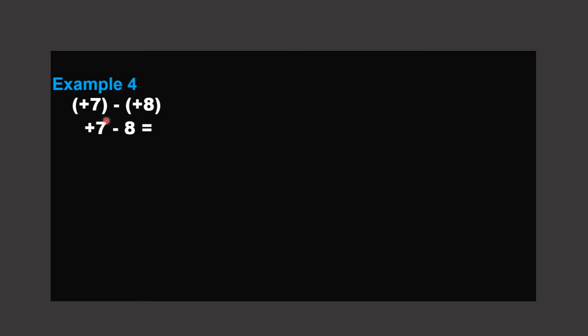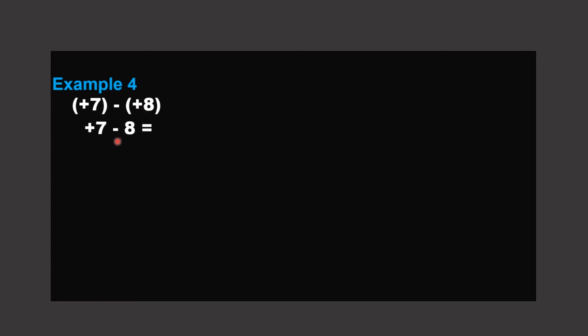Example 4. Plus 7 minus plus 8. This is subtraction of two positive integers, right? In subtraction, what we will do is write the first number as it is and the second number we will write after changing the sign. That is the difference between addition and subtraction questions. If it is subtraction, we will be writing the second number after changing the sign.